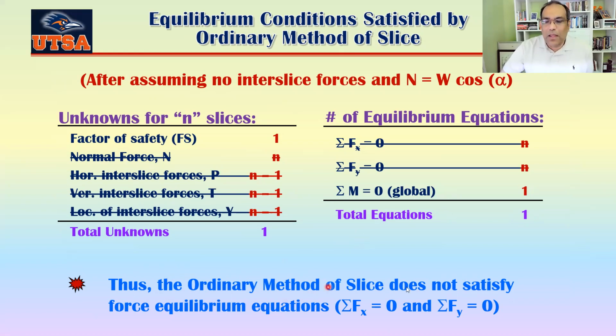Thus, the ordinary method of slices does not satisfy force equilibrium equations like summation of Fx equal to 0 and summation of Fy equal to 0, only the moment, okay? Now I'm going to show you what that means in the next slide.